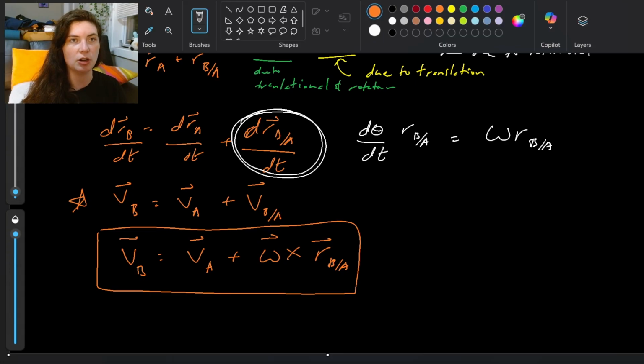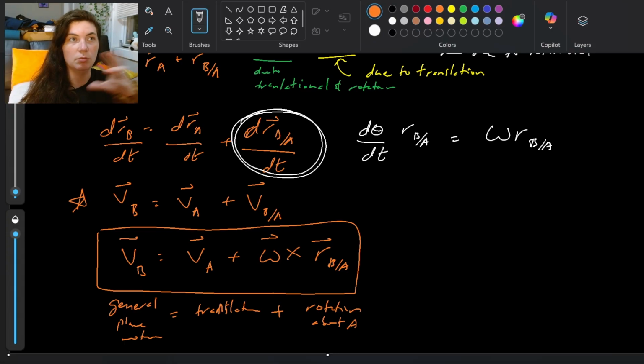So when we're looking at this general plane motion, it is represented by VB, where the translation aspect is coming from our VA, and our VB with respect to A is representing the rotation about A. So it's the combination of the translation and rotational components that gives us this equation, an altered form of how we saw this in our particle kinematics, because we have this whole body to deal with.